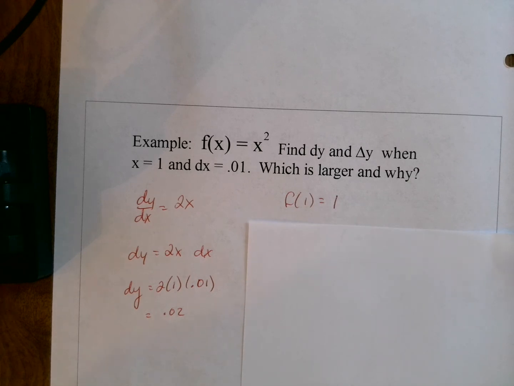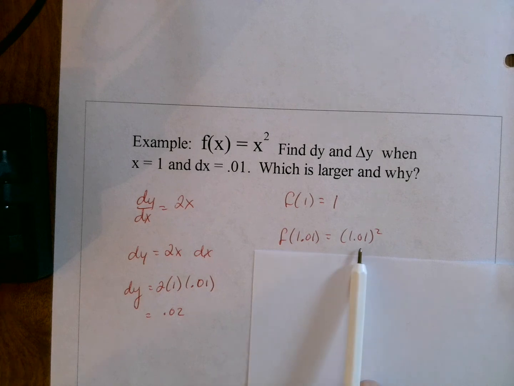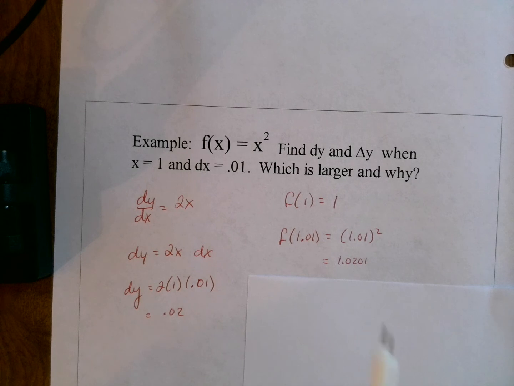What is the real change in y? F of 1 is 1. F of 1.01 is 1.01 squared, which is 1.0201.